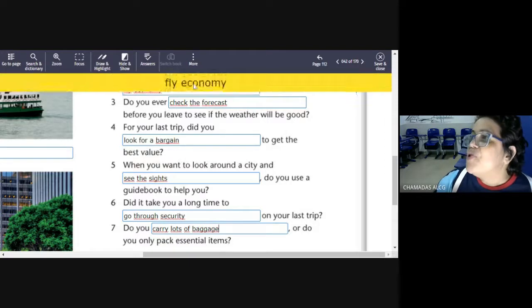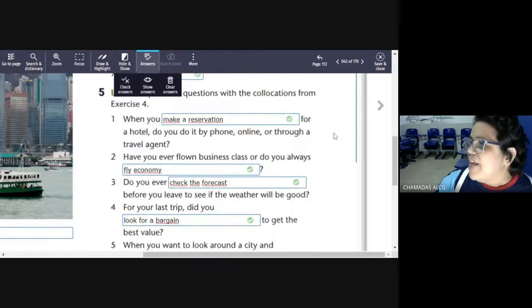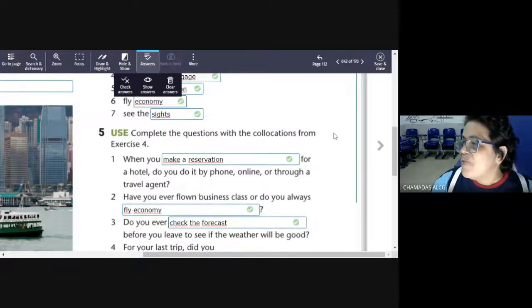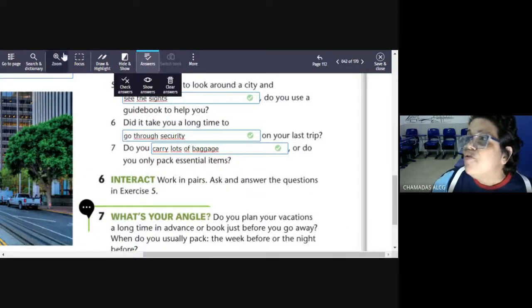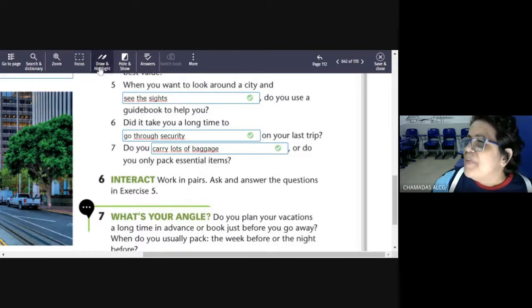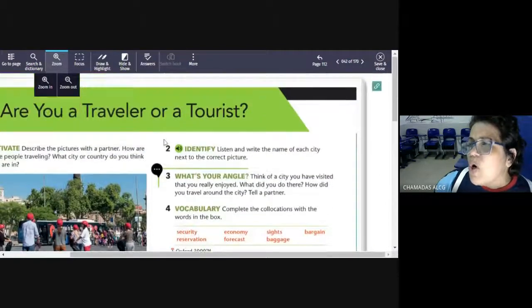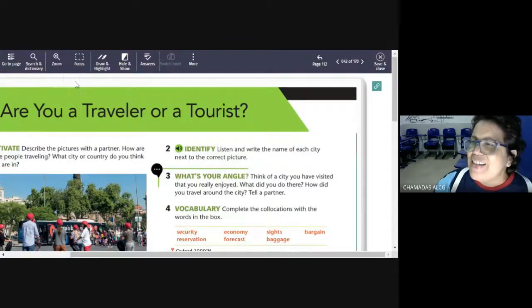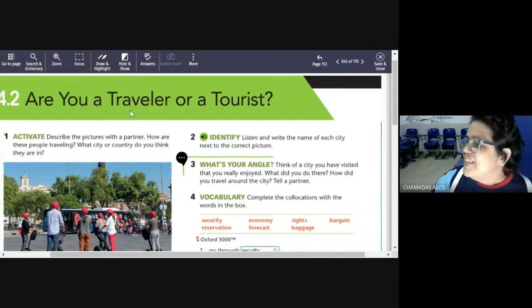All right. Checking the answers. Yay. Everything correct. Okay, guys. So that's okay. For today, we can stay here. Let me just zoom out so you can see we've done this page, which is all about traveling, and it's such a nice topic because I love traveling.